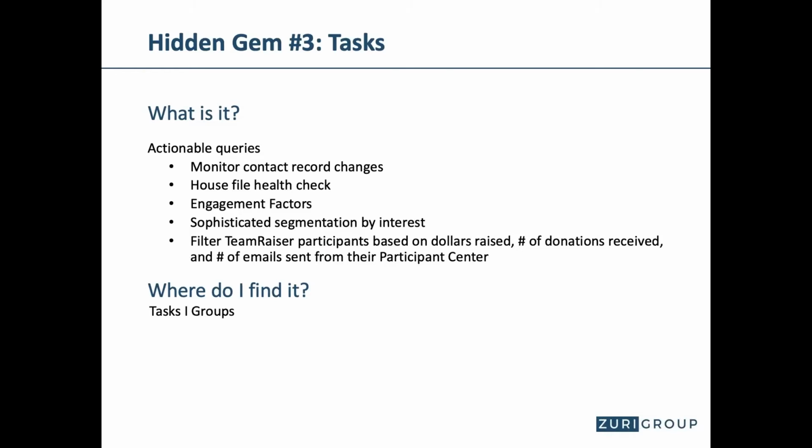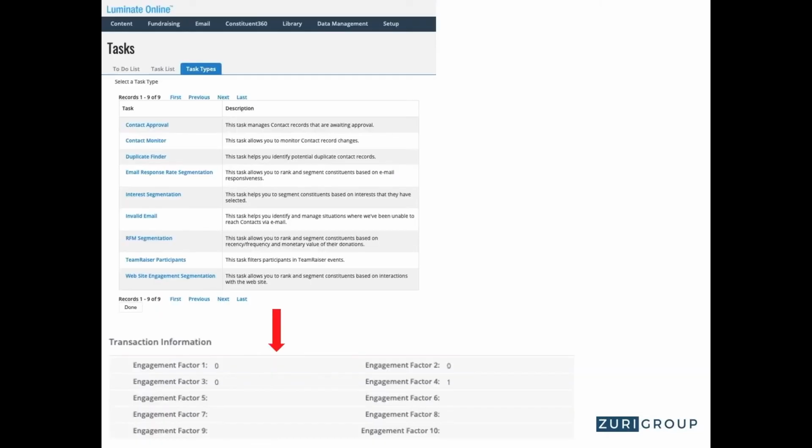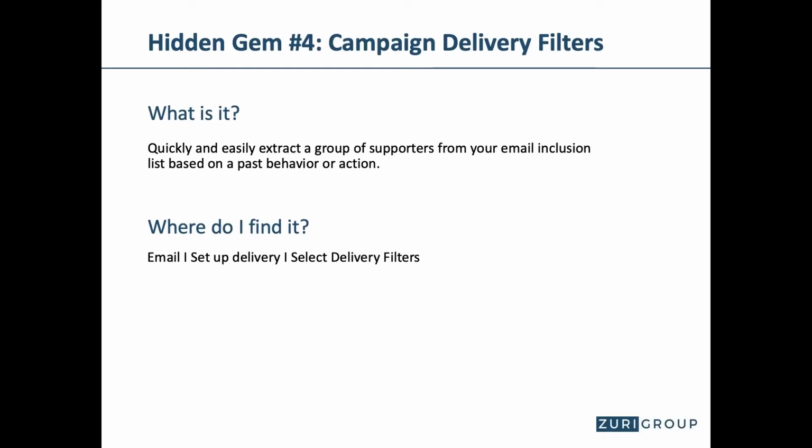I'll show you the list of the tasks that are provided, and you'll see that it really comes in different flavors. These tasks provide us the ability to hone in on certain audiences and then engage them or change them or watch our house file health, things like that. So what you can see up on the screen now are the task lists.